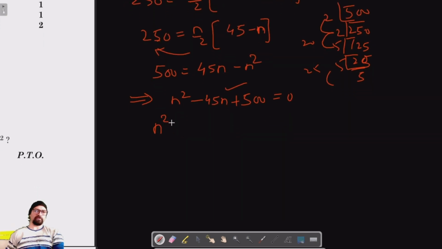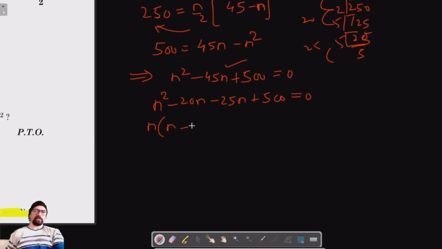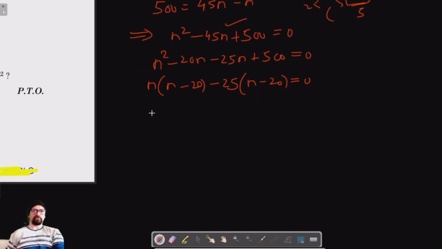So this is n square minus 20n minus 25n plus 500 is equal to 0. If we take n common and 25 common, this is n minus 25 into n minus 20 is equal to 0.